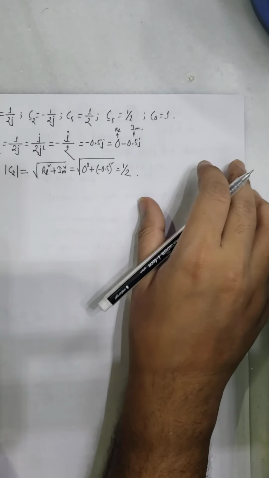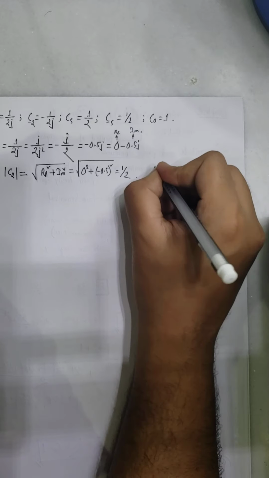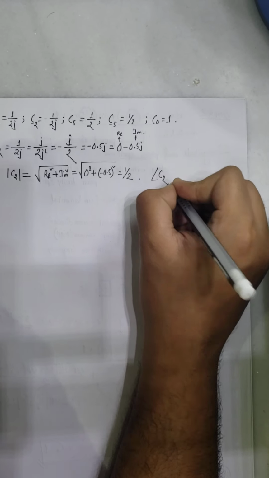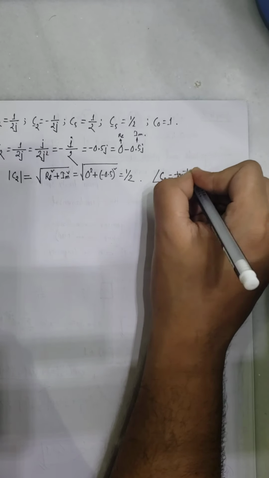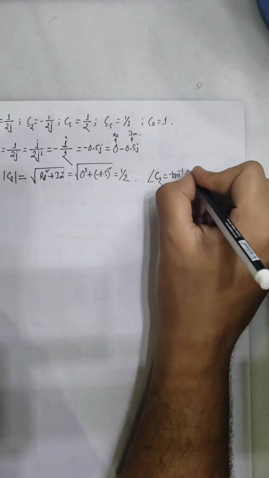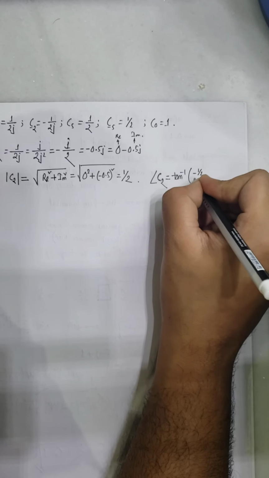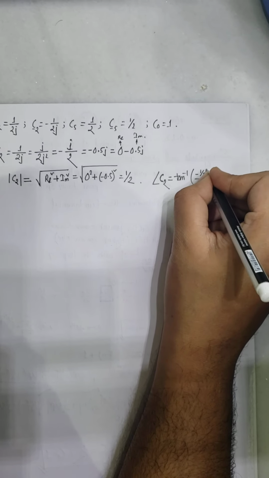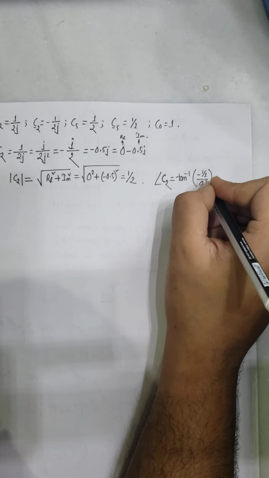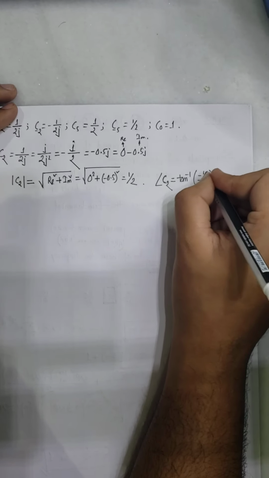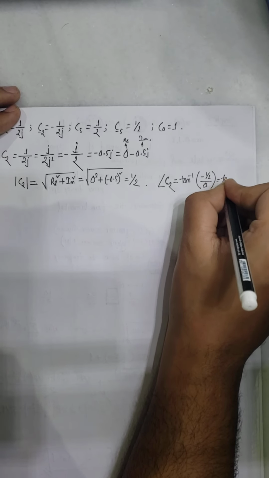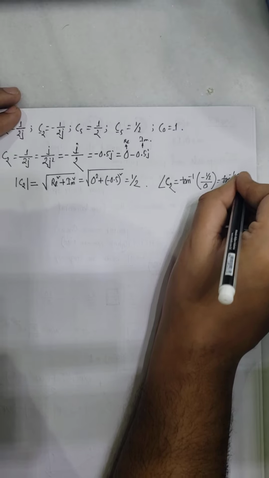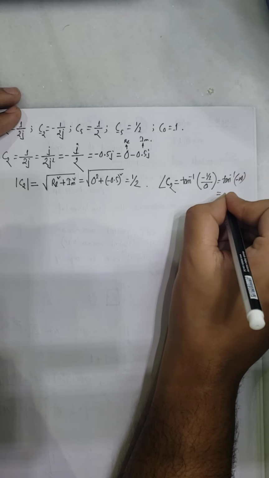And for the phase spectrum, we get the argument of c of 2 equal to tan inverse of minus 1 by 2 over 0, which is tan inverse of the imaginary part by the real part, which is equal to tan inverse of negative infinity, which is equal to minus pi by 2.